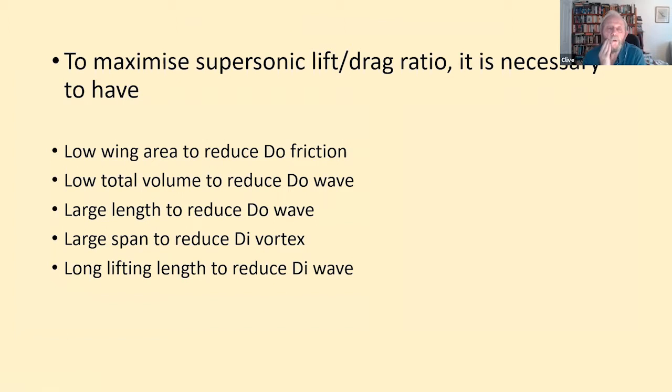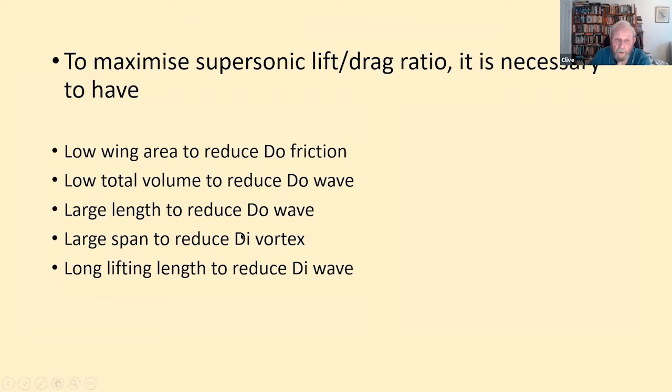Now, the next thing you've got to do, of course, is you absolutely must minimize the supersonic drag, or maximize the supersonic lift drag ratio. And to do that, first of all, you need to have a low wing area to keep the friction drag down. You need a low volume in order to get the zero lift wave drag down.